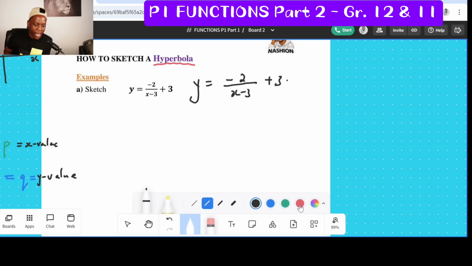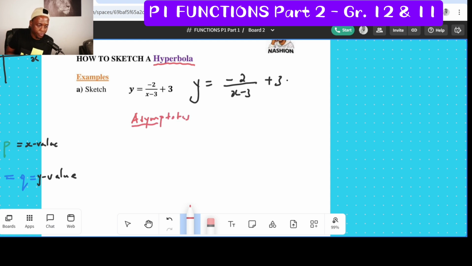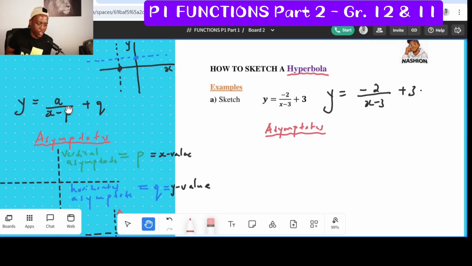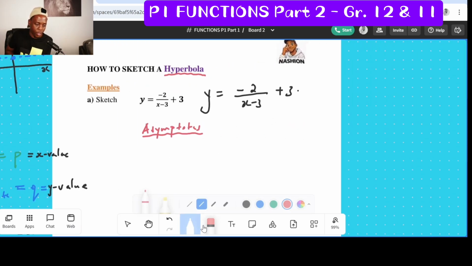So when we start, so that we can predict the shape, let's recognize the asymptotes first. We need to write the x asymptote and the y asymptote. According to the general equation, we must write p and q. So p here, we are talking about the x value.